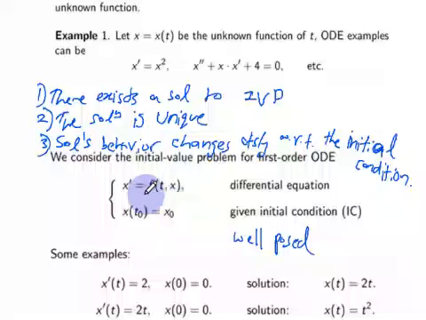If these conditions are satisfied, then we say this system is well posed. If one of these does not hold, then we say this system is ill posed.